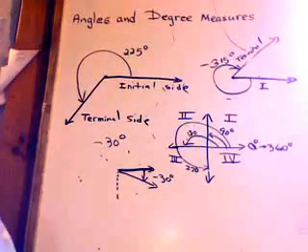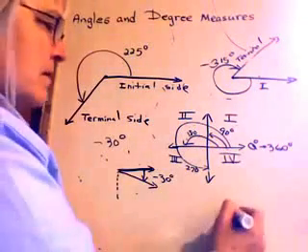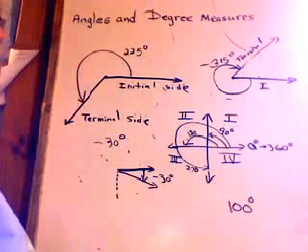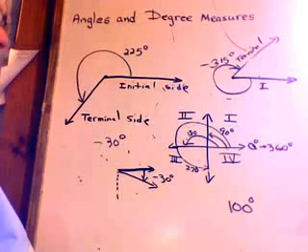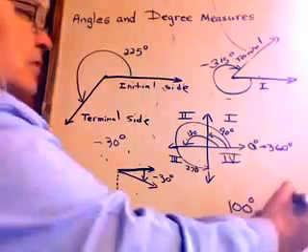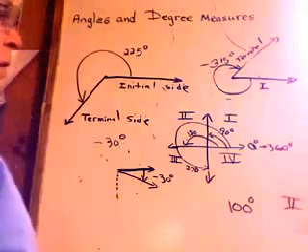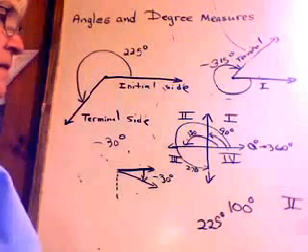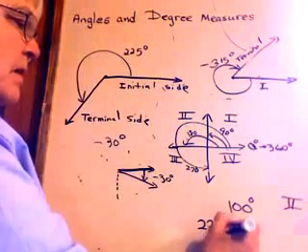So if I asked you the question, where is the angle 100 degrees in terms of quadrants? Is it in quadrant 1, 2, 3, or 4? I hope you said quadrant 2. What if I said 225 degrees? Where is it? Quadrant 3.